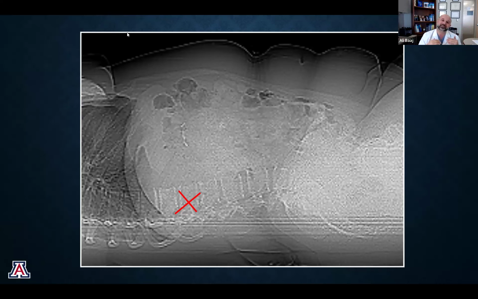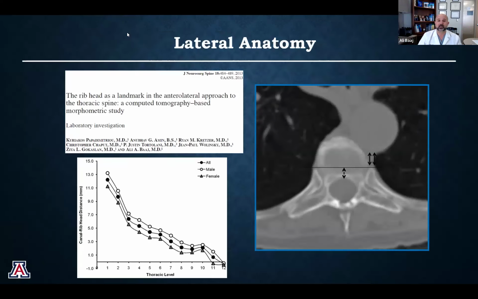So if you understand the anatomy and how to approach it, you don't need a 15-20 centimeter incision that goes all the way to the umbilicus. You just need anywhere between a 7 to 9 centimeter incision. Again, this is some studies from the past here, but knowing that anatomy a little bit better, knowing where the vasculature is, where the canal is, where the vertebral body is, allows you to diminish the size of the incision and get to your target more quickly.